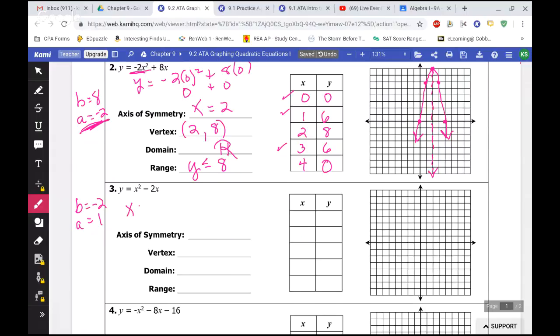Okay, so we have x equals the opposite of b, which is -2, over 2 times 1. So the opposite of -2 is a +2, and 2 times 1 is 2. So the axis of symmetry is x equals 1. It is also the x-coordinate of the vertex.